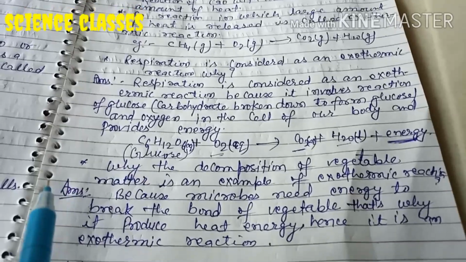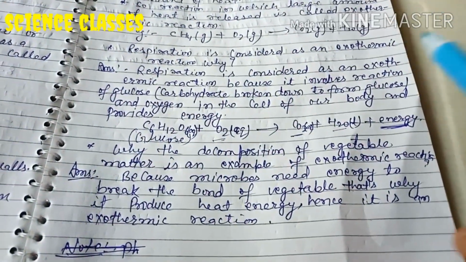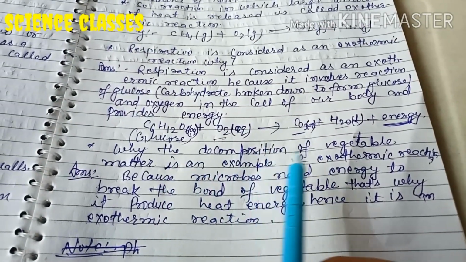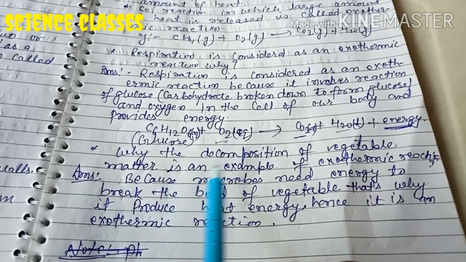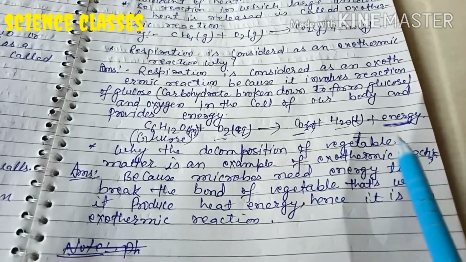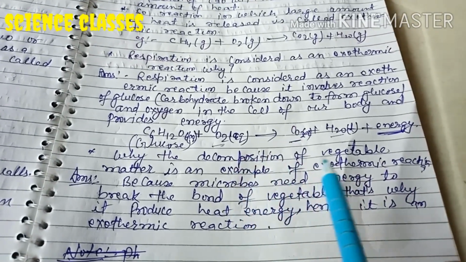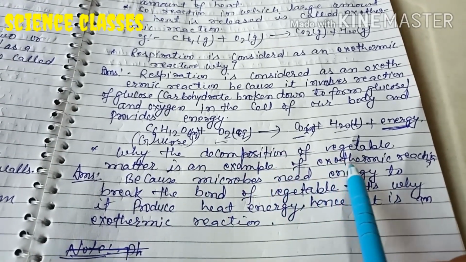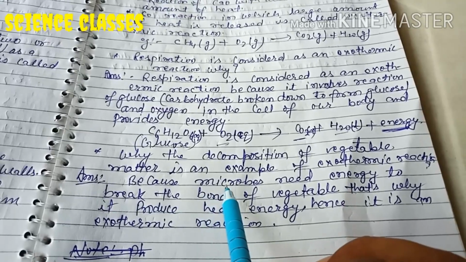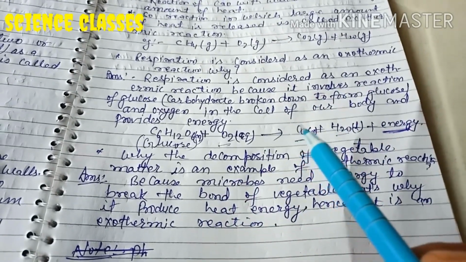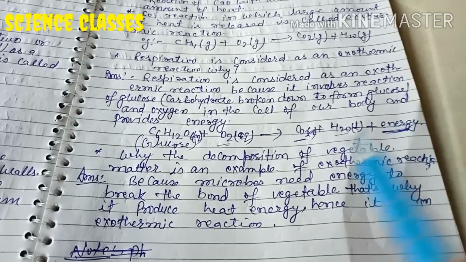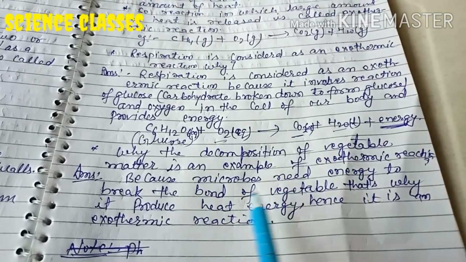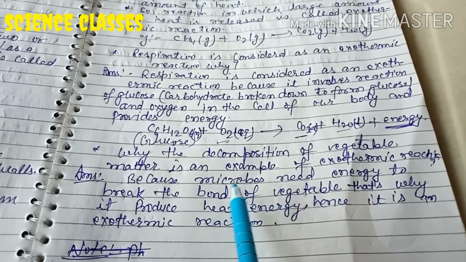One more point is coming here about exothermic reaction. Why is the decomposition of vegetable matter an example of an exothermic reaction? Because microbes, which are present inside the soil and elsewhere, need energy to break the bonds of vegetable matter. The bonds of vegetable matter are broken by the microbes.